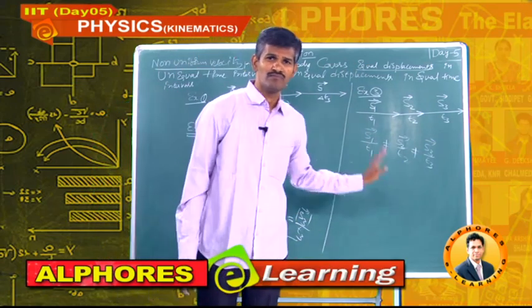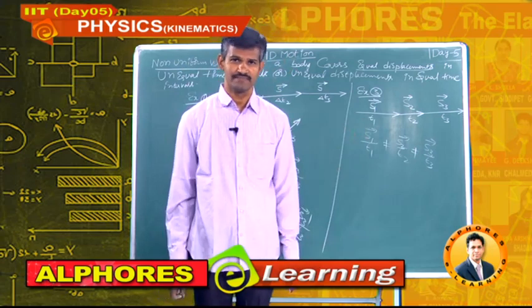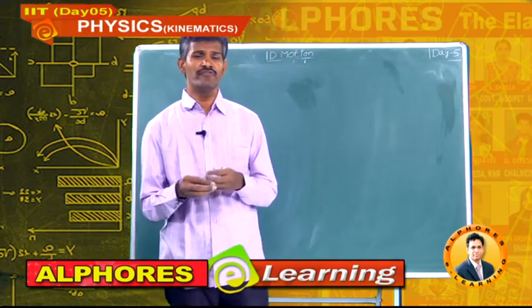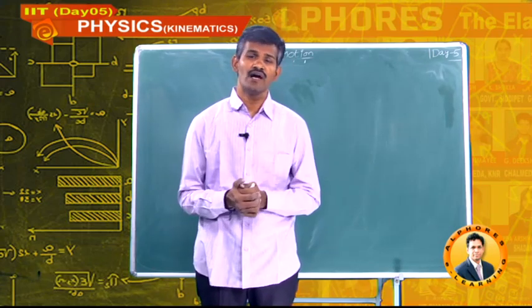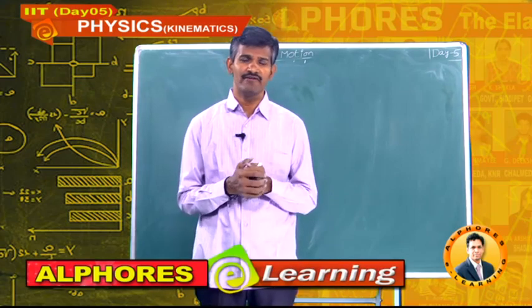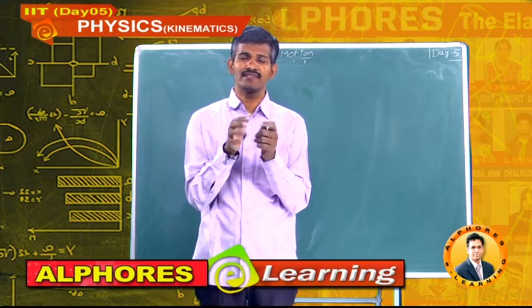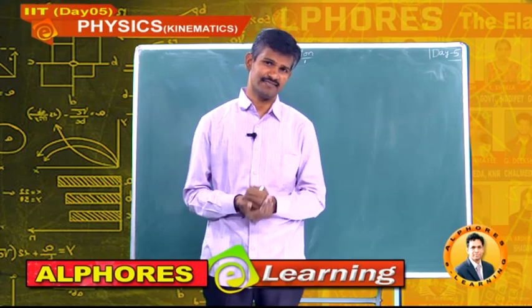Now, I am moving to graphs related to non-uniform velocity. Students, non-uniform velocity means the body's velocity is changing. We already know that in the case of a displacement time graph, the slope of the graph gives the velocity of the body. As the velocity changes, the slope of the graph also changes.